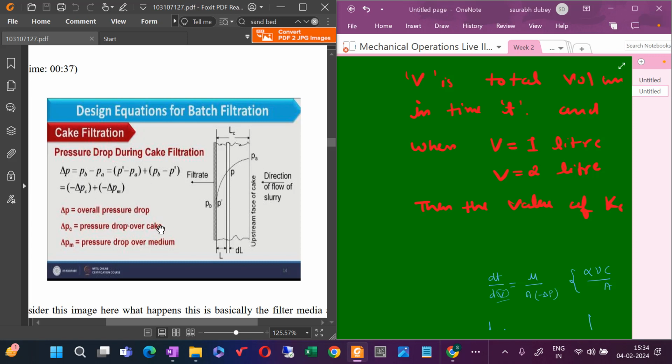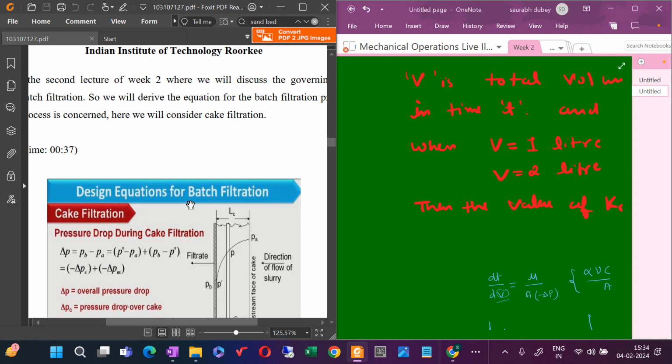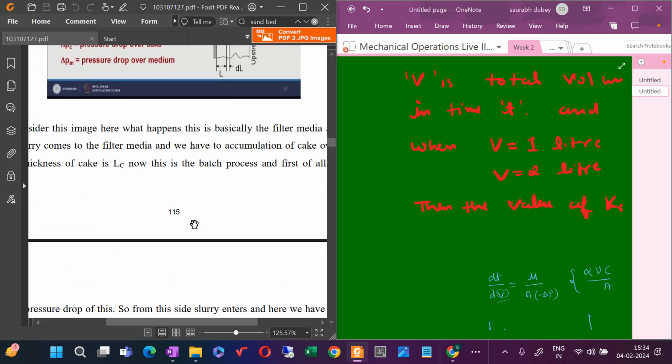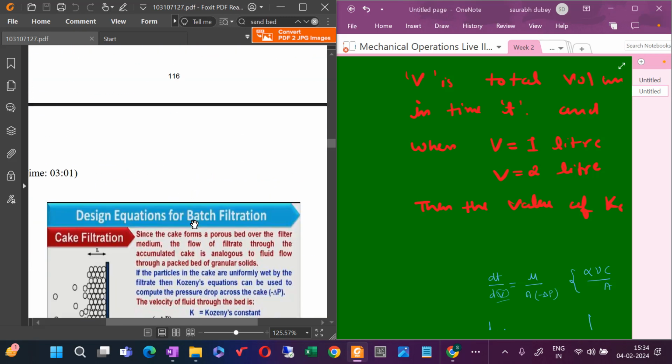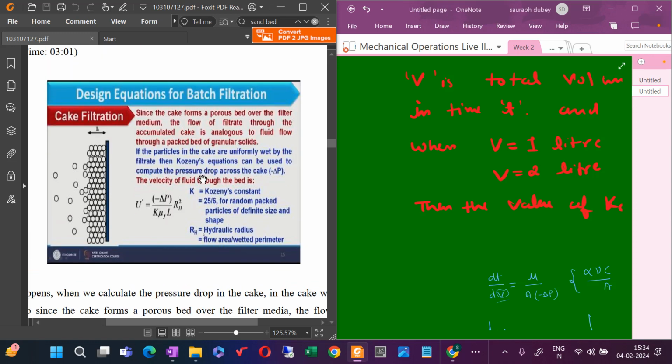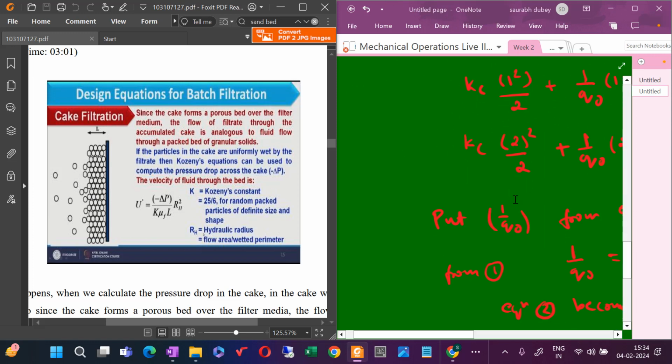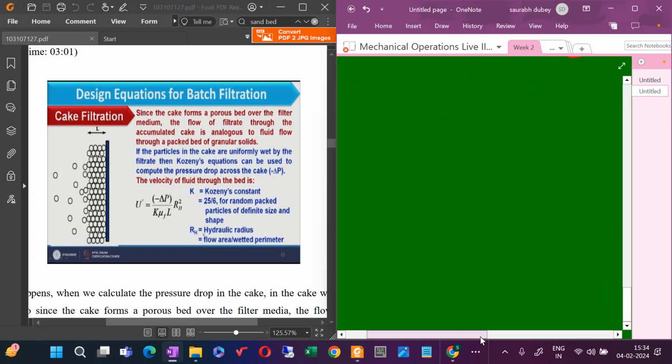The pressure drop during the cake filtration will be calculated as delta P, which is PB minus PA. And further, this PB minus PA can be separated in this fashion. So there will be two resistances. First is the pressure drop over cake. Second is the pressure drop over media. These two combined give the overall pressure drop. And from the Kozeny-Carman equation, if there is cake formation, that cake will have some porosity.